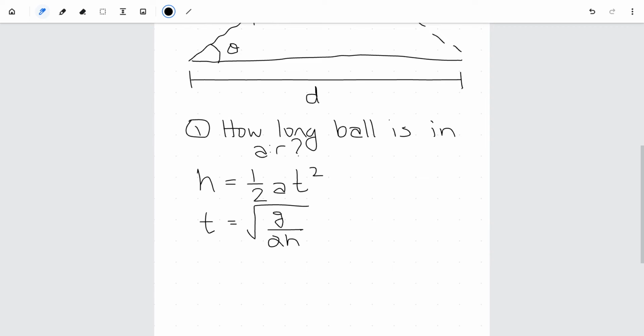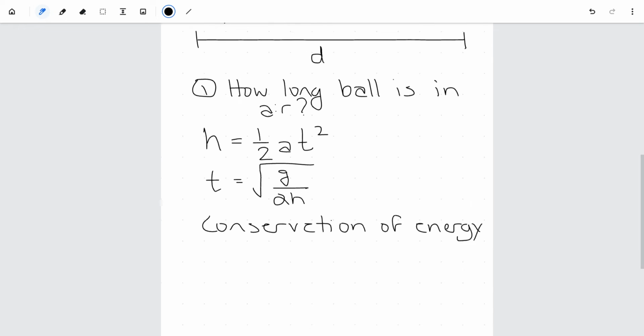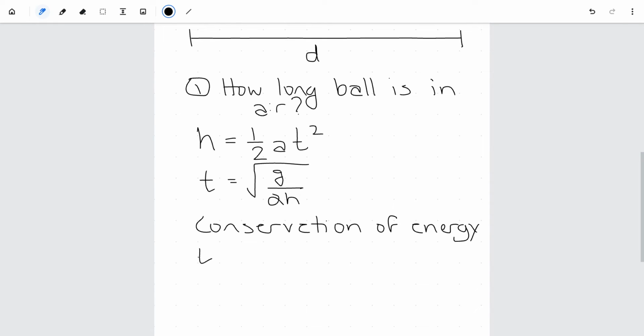Now, to calculate h, we can use conservation of energy. The initial energy is going to be all kinetic energy, so E initial equals E final. The initial energy is 1/2 mv squared.